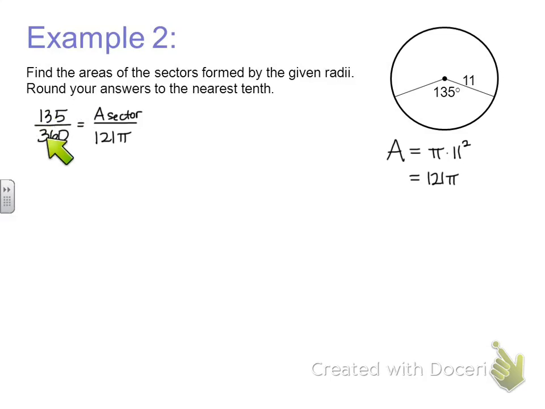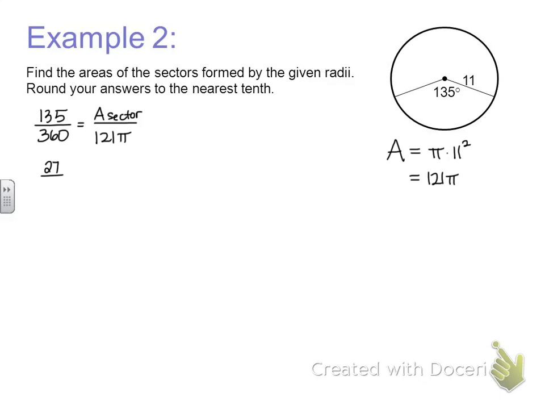Why don't we go ahead and simplify it just so that we can see what happens? What divides both 135 and 360? 5. Okay, so let's, and I actually see another bigger number that divides both of them. You might have to do a little bit of work together. So let's just do 5 for right now. What's 135 divided by 5? 27.